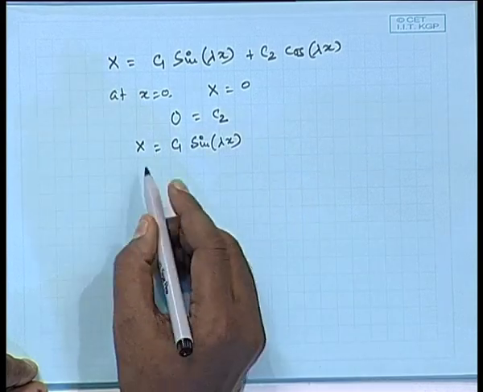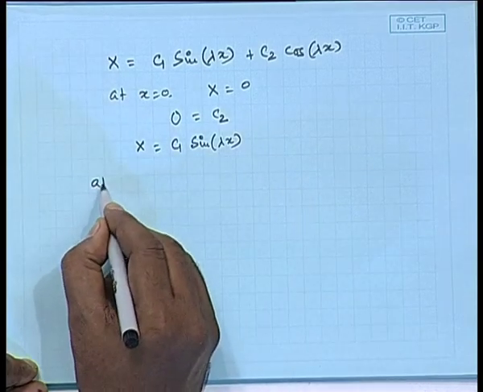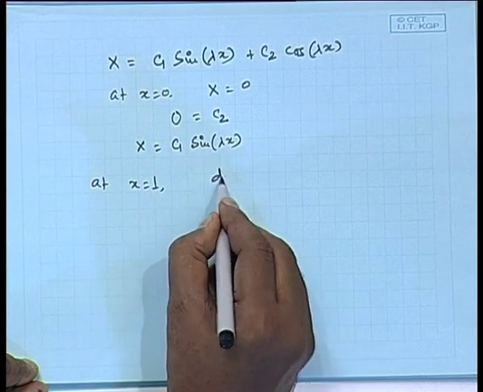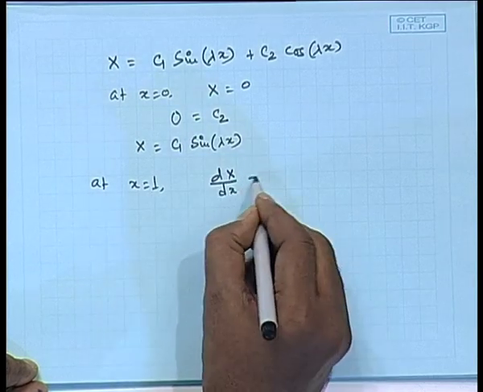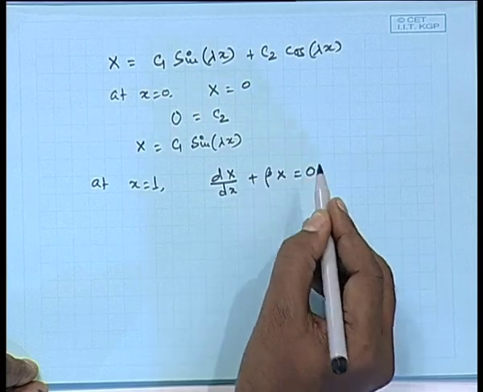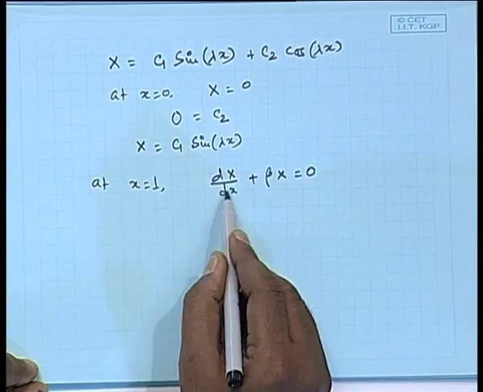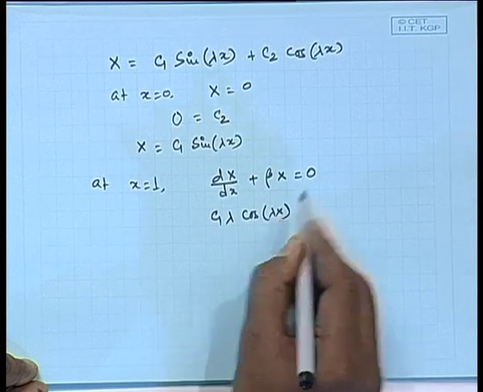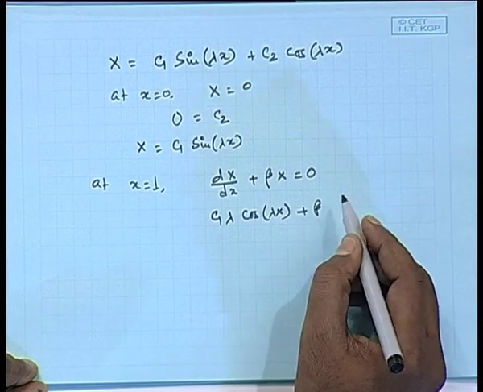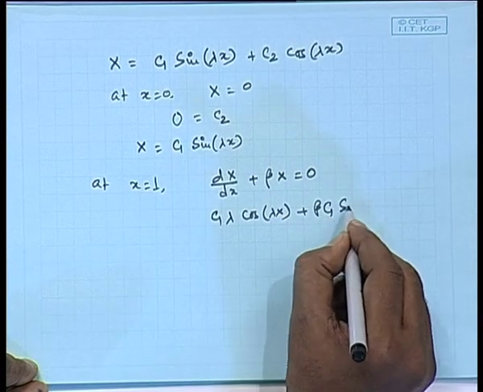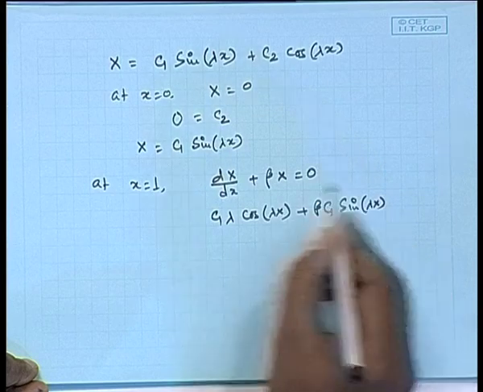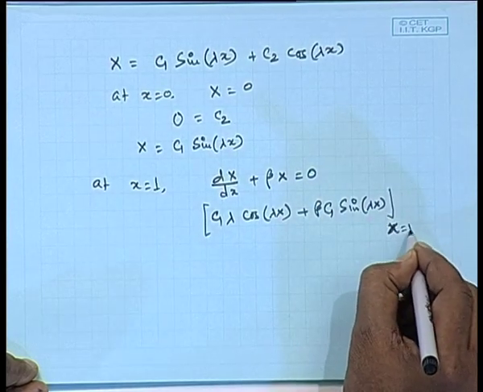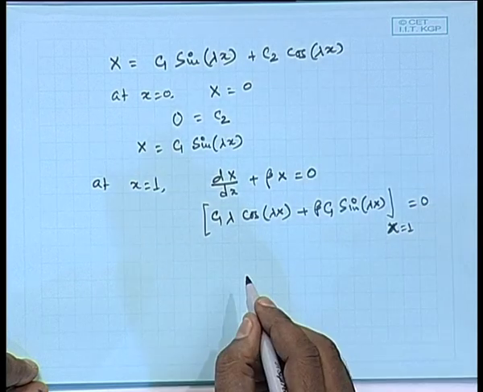Okay. Now at x equal to 1, your dX plus beta X is equal to 0, that means dX is C1 lambda cosine lambda x plus beta C1 sin lambda x. The whole thing will be evaluated at the boundary x equal to 1, and then it will be equal to 0, right.